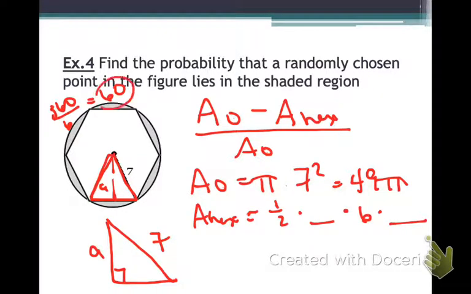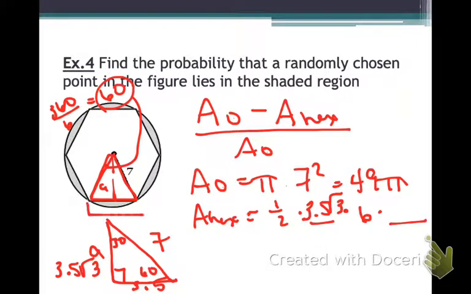So this 60-degree angle is this whole thing. So I know this is 30 inside, so we can use our 30, 60, 90 rules. So my hypotenuse is 7, which means my short leg is 3.5, and my apothem is 3.5 root 3. Now remember, that's only half of this, so the whole bottom would be 7.